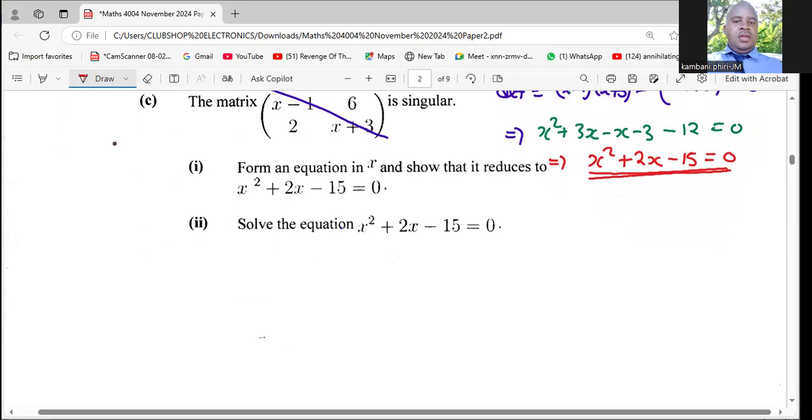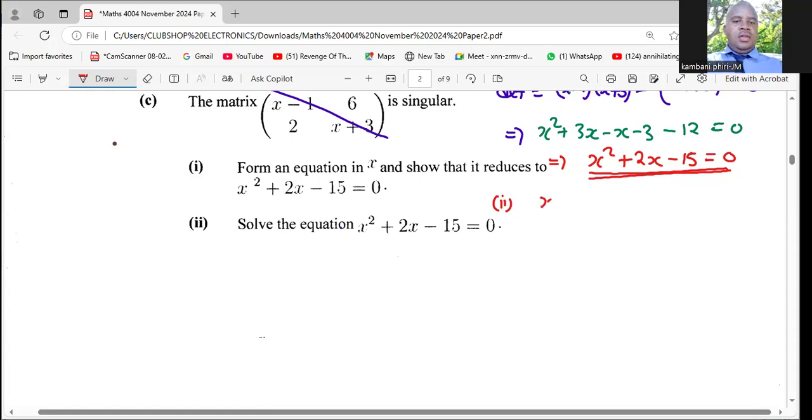Number 2, we solve this equation. The solution we were dealing with earlier on was for number 1.